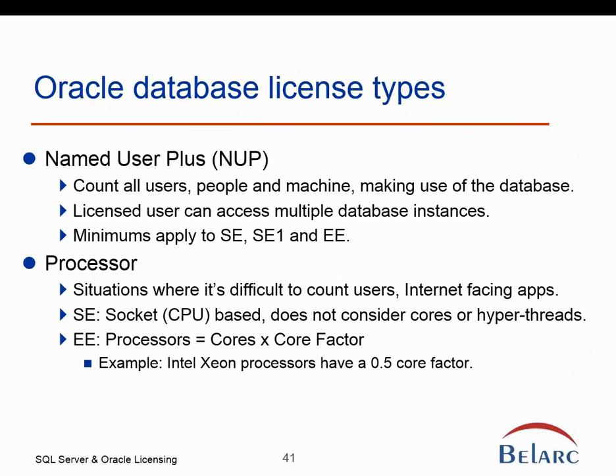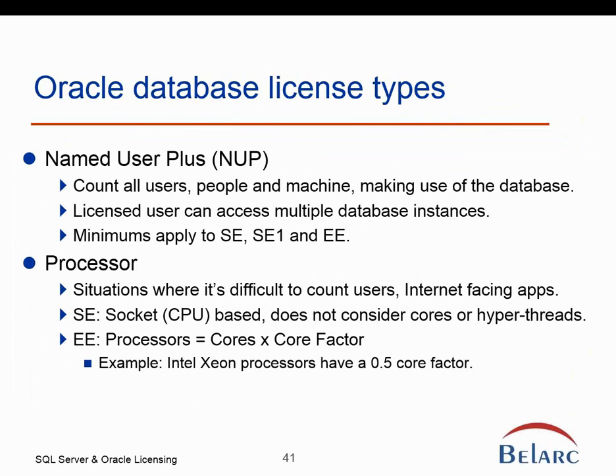The second licensing metric is the processor licensing metric, and again, this is in situations where it's difficult to count users, and you have internet-facing applications. There are different metrics to consider here. Under the Standard Edition, it's socket-based and does not consider any of the cores or hyperthreads in the CPU, simply the CPU itself.